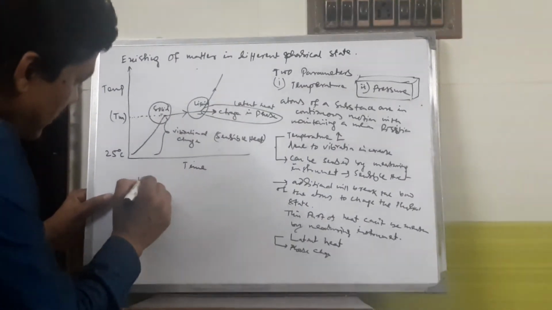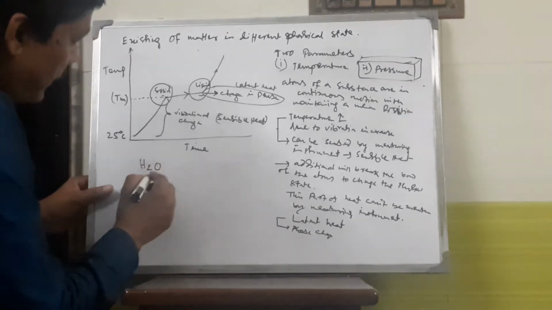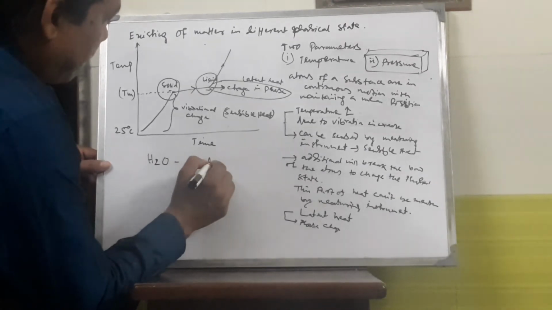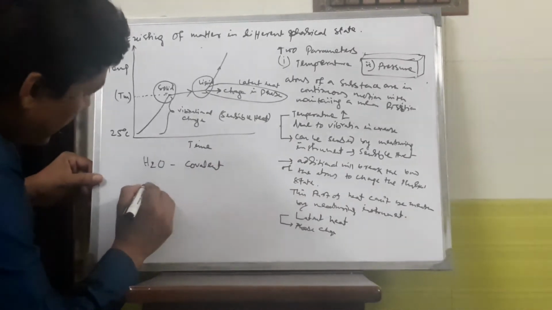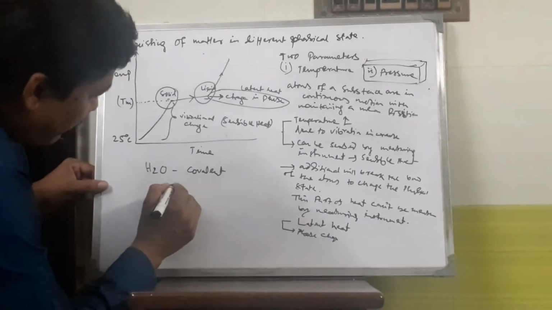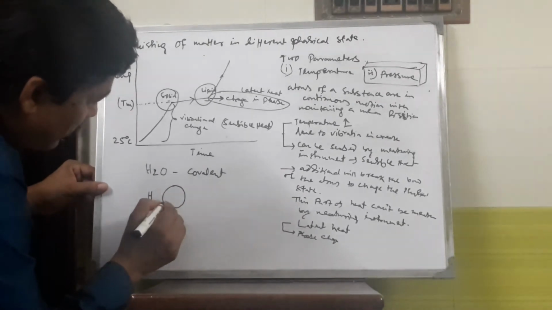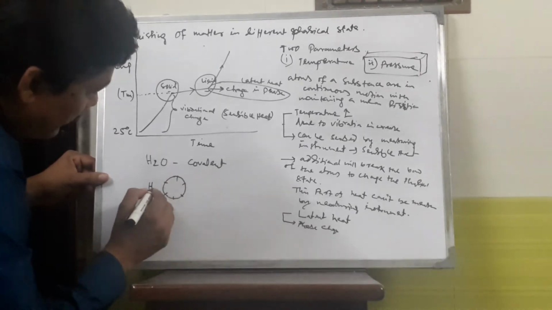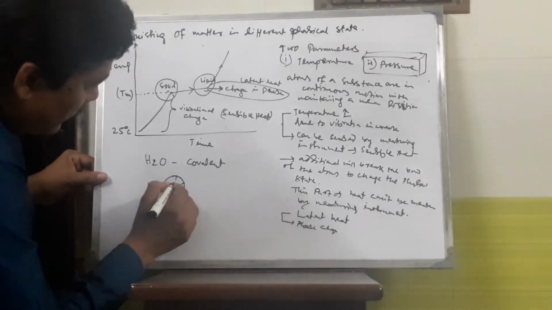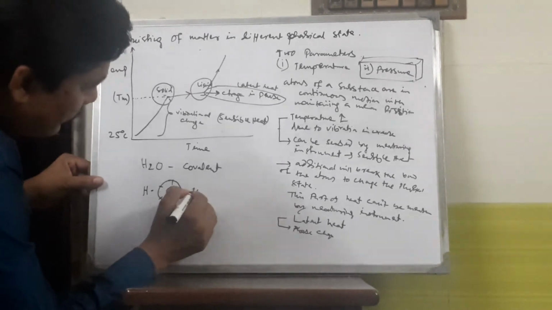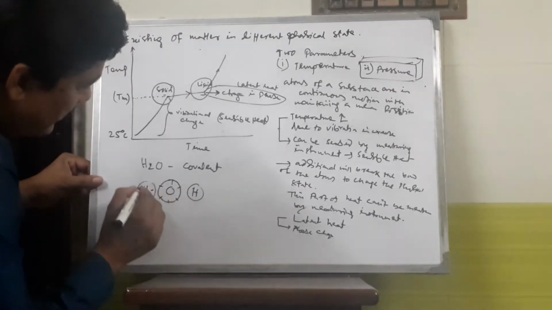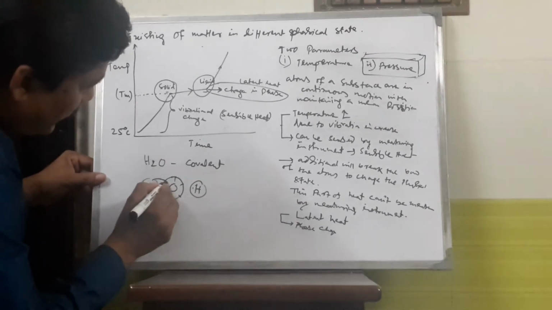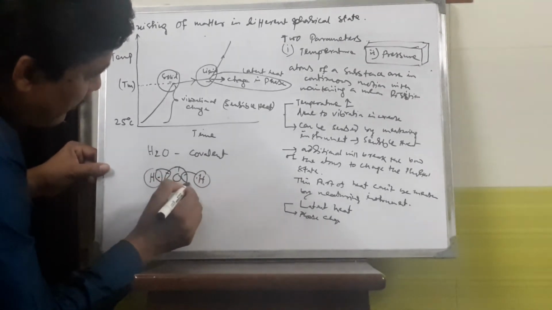Suppose H2O is there, this is covalent. This is O and this is H. So they form covalent bonds like this.